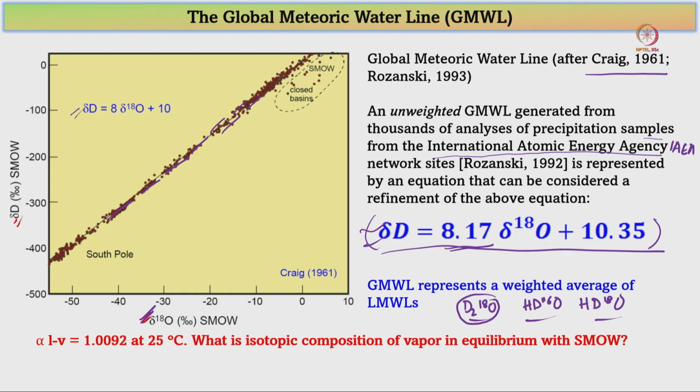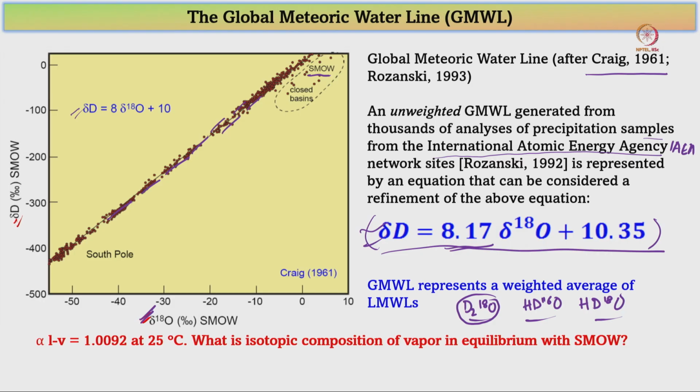Okay. Having said that, let us move into a particular feature that we are going to see in this plot, and that is the difference in where SMOW lies. SMOW is the mean oceanic water composition, and that does not fall on the meteoric water line.